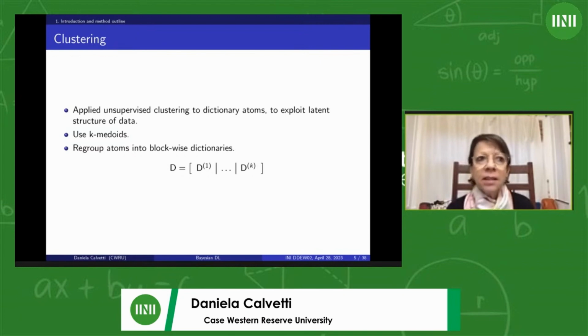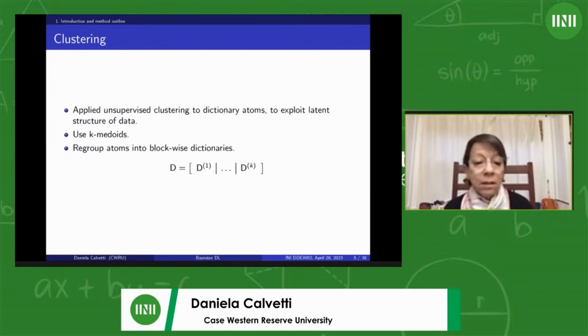If the dictionary is already pre-clustered, I like to think of a library where the volumes had already been formed, we can use the annotation in the original dictionary, or we can apply any favorite unsupervised clustering.